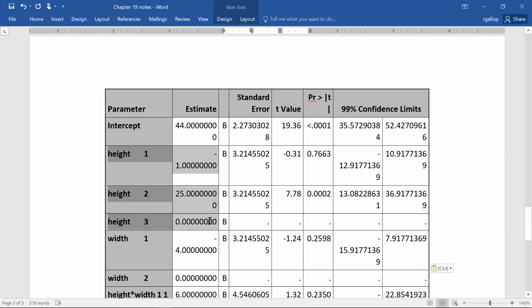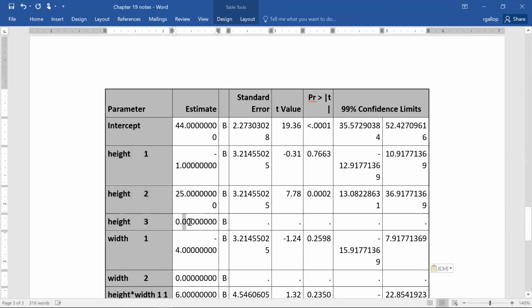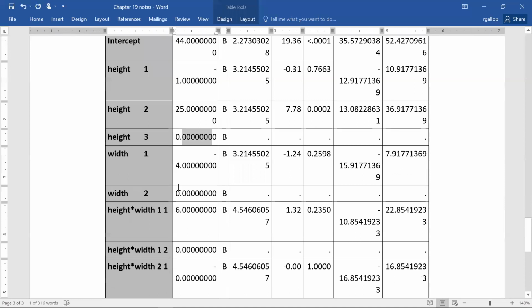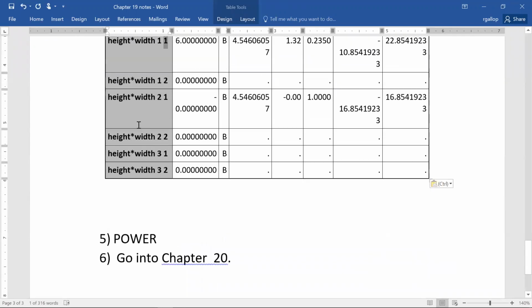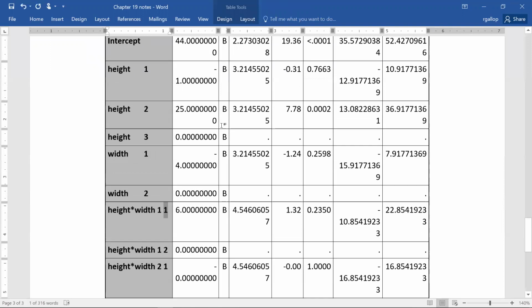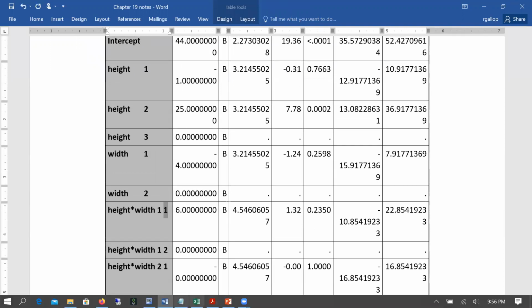We get the levels of height, with the last level serving as the reference group. We got the width, last level the reference group. And then we got the height by width interaction. Like we said, this indicates the level of height. The last one indicates the level of width. So 1, 1, 1, 2, 2, 1, 2, 2, 3, 1, 3, 2. So again, that determines the parameterization of the model.